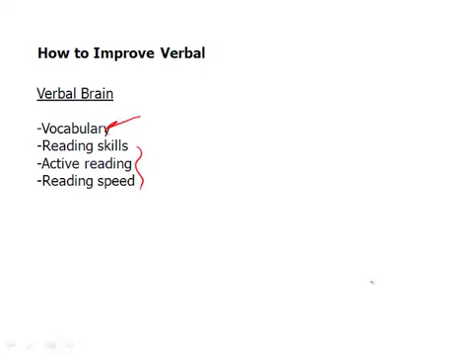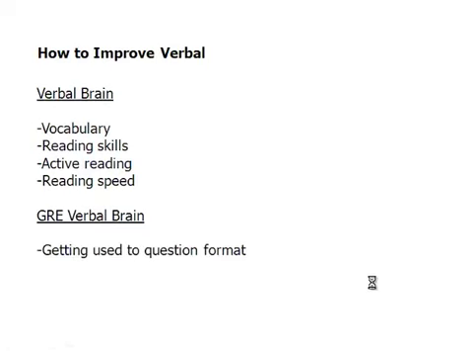So this existing verbal brain comes along and encounters something called the GRE verbal brain, which is slightly different. You could be pretty strong at all of these, but if you first see a GRE question, you may be a little bit confused. So you want to get used to the question format. Getting used to it, you are growing your GRE verbal brain.